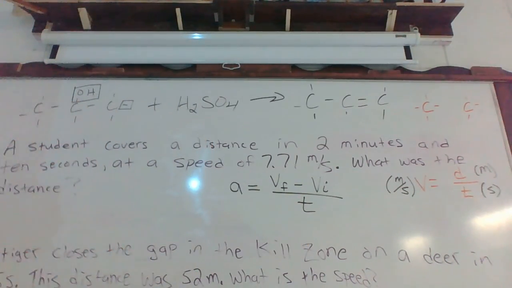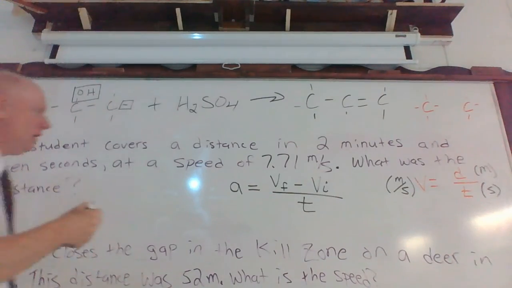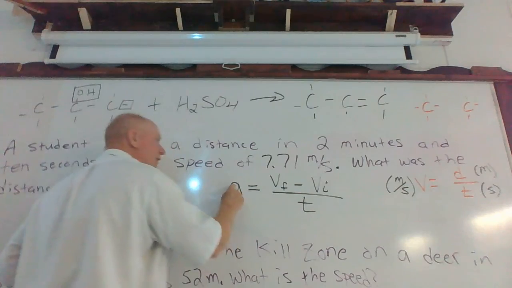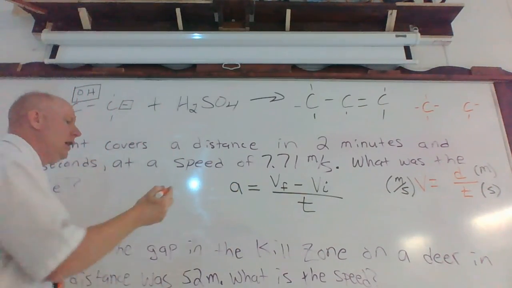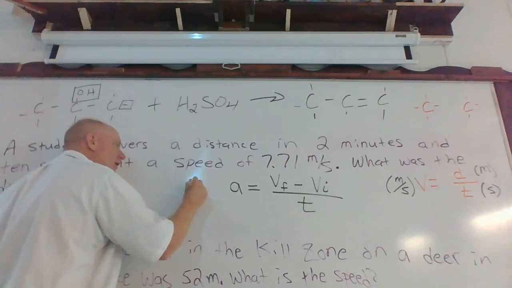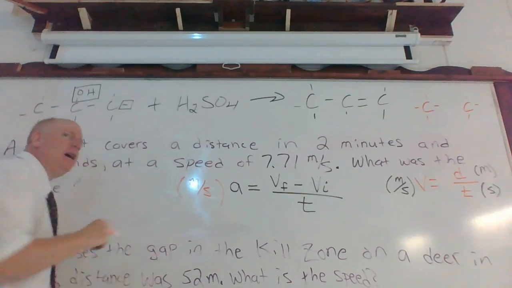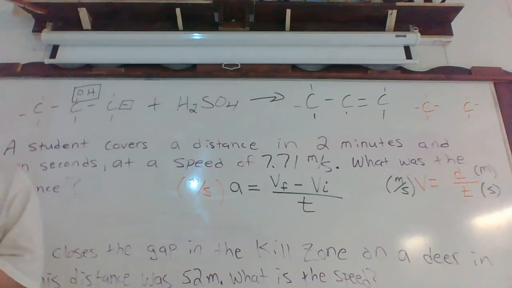Very, very important. I really, really want you to understand this. The difference between the labeling of these two variables, acceleration and velocity: they both have meters over seconds, but we briefly said yesterday something specific about the second.